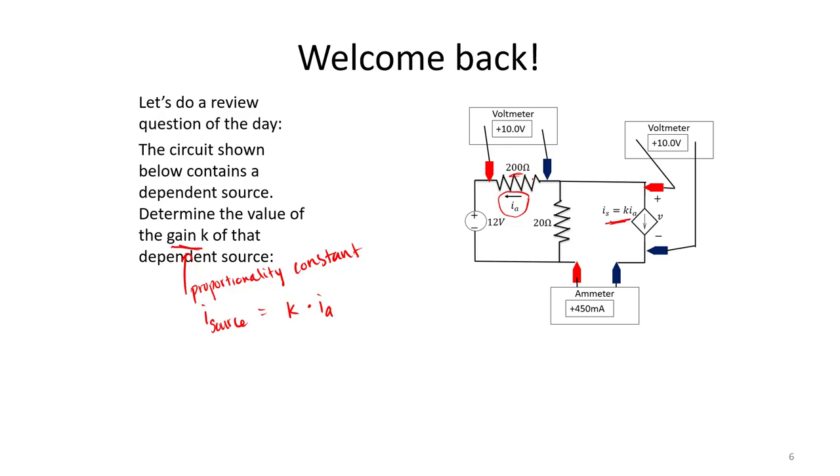You'll remember, if you have a dependent source in your circuit, I mentioned that you should be happy. Because this is free information right here. Dependent sources give us a big hint on how to solve the problem.